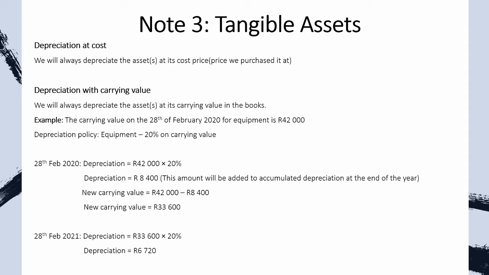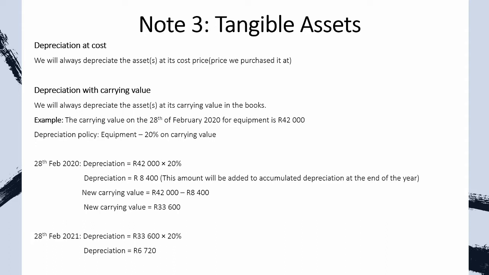So for the financial year, depreciation equals 42,000 times 20%, times 12 over 12, or 1, you can put it in there, and you will get a depreciation of 8,400. This amount will be added to accumulated depreciation at the end of the year.